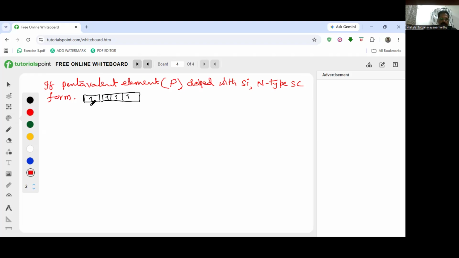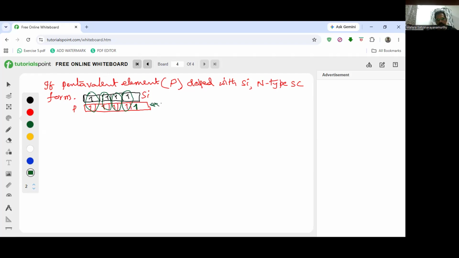If you dope it with a pentavalent element, that is phosphorus, with 5 valency, they will form covalent bonds. One excess electron is there.